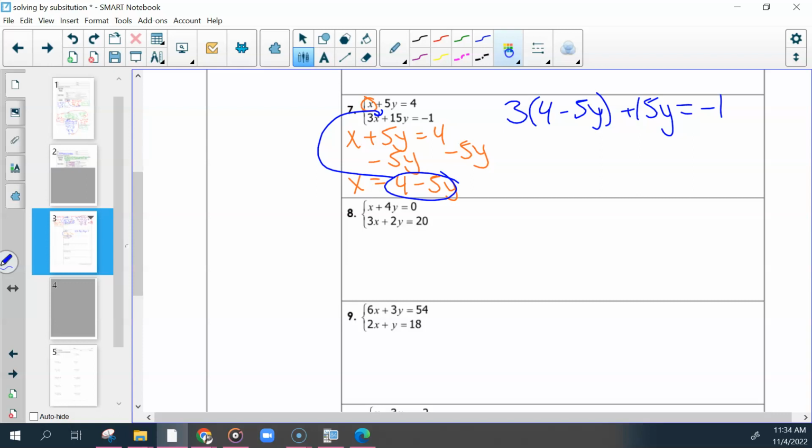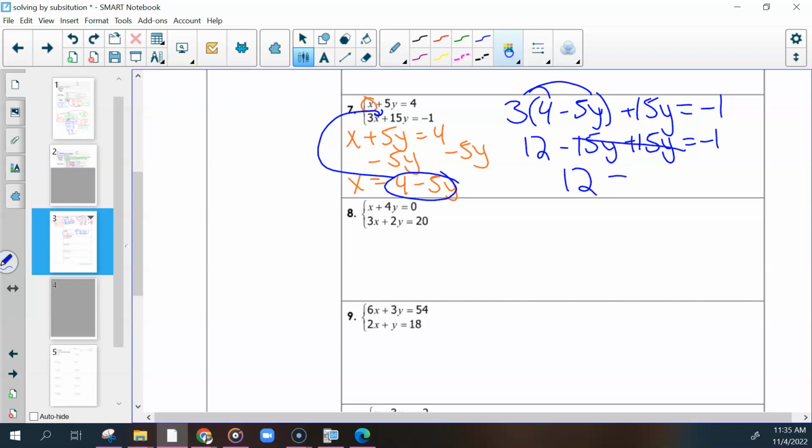Distribute. And then combine like terms. What happens when we combine these like terms? They cancel, becomes 0.